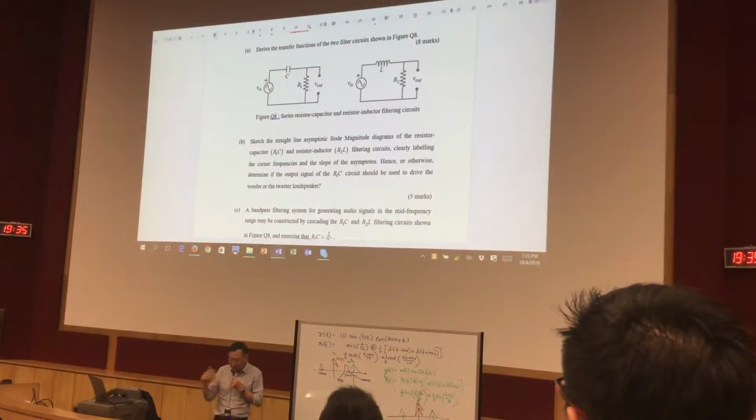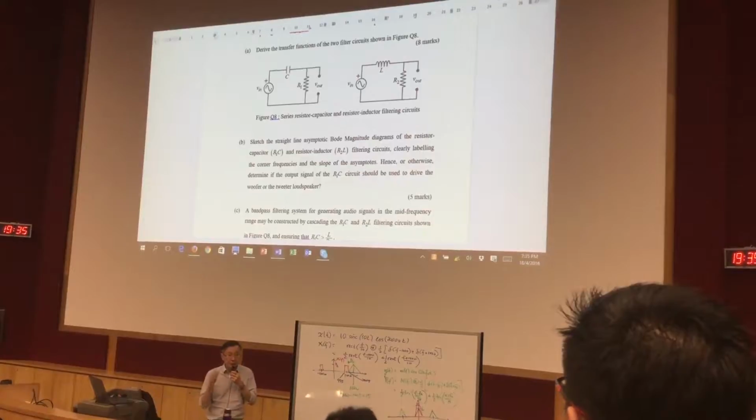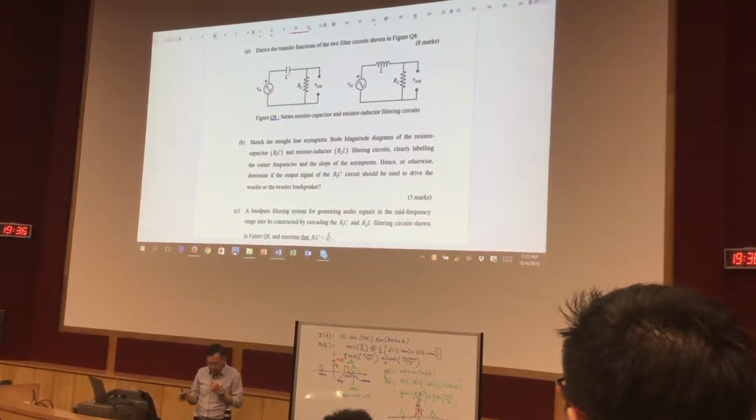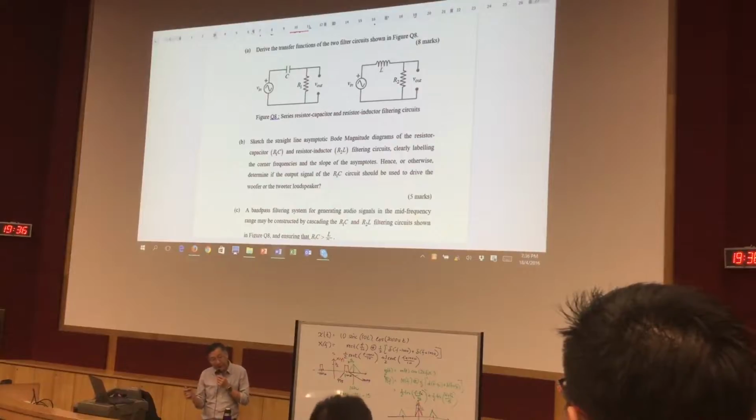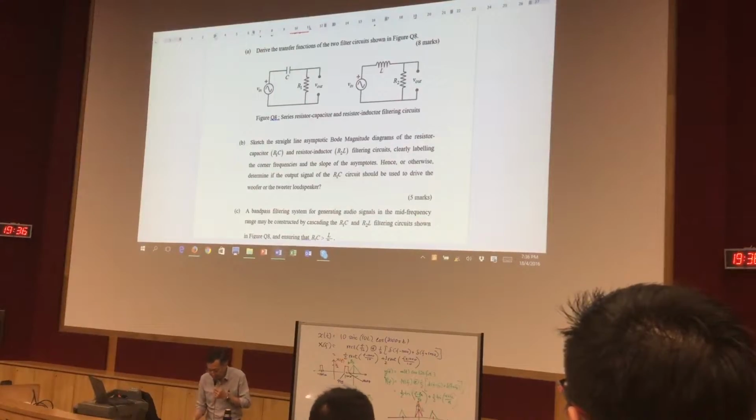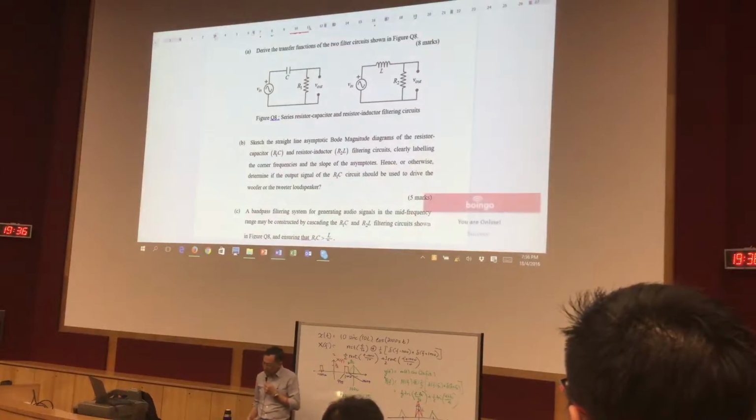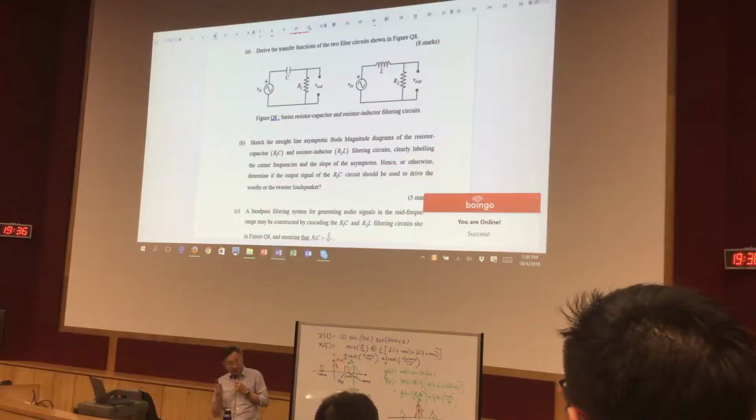Okay, now after you derive the transfer function, you will find that they have different characteristics when you plot it out. Okay, you'll find that they're different. And when you plot it out, you will find that the RL circuit will basically be a first order.